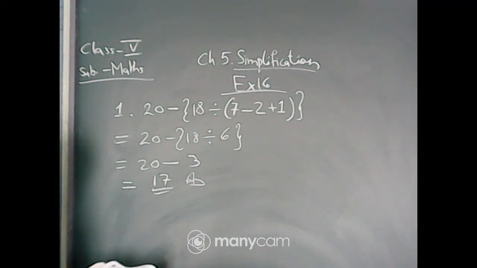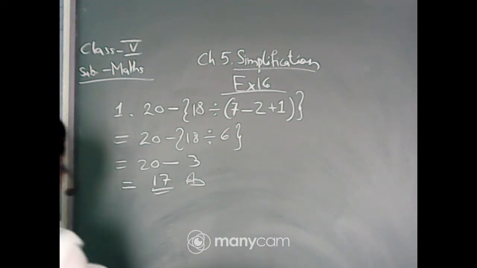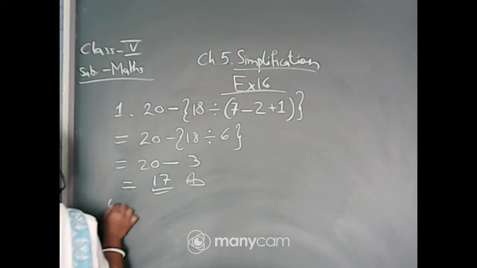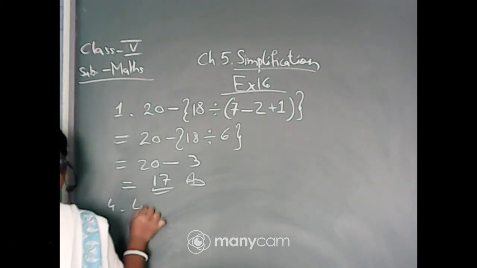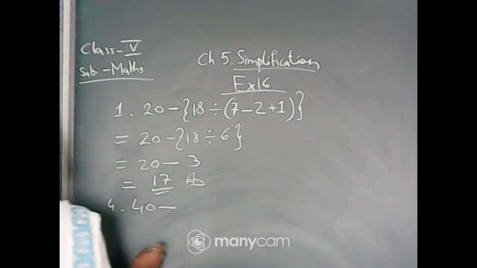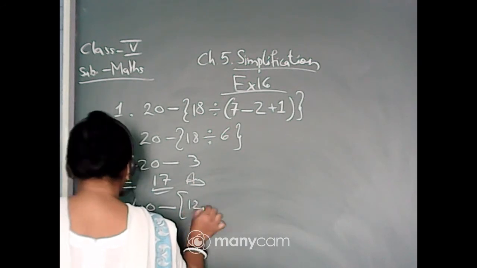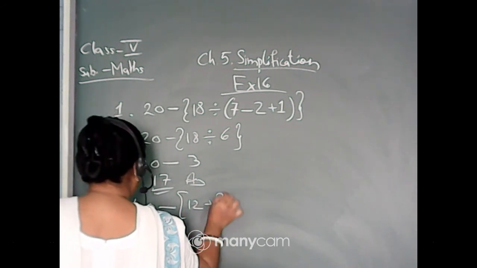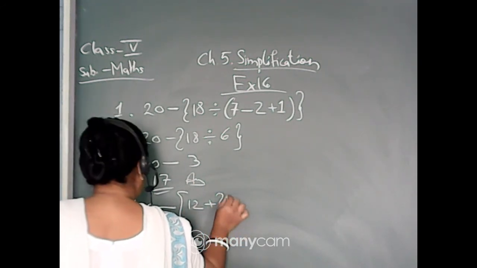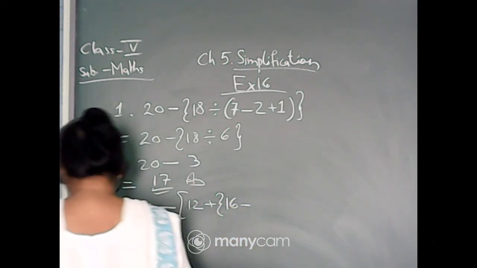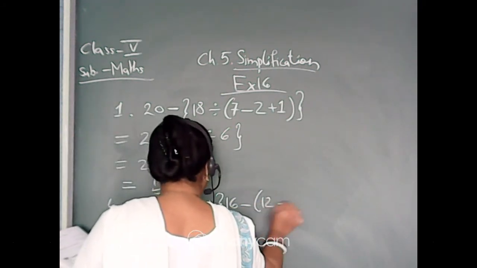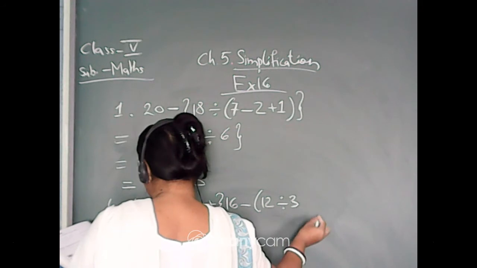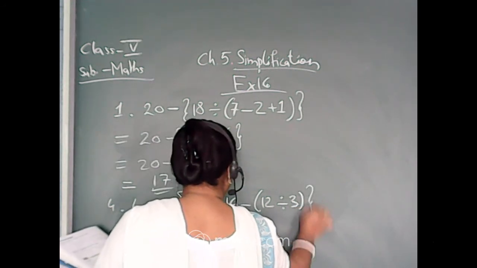Let us do number 4. The fourth one is given 40 minus big bracket 12 plus, the square bracket, inside the curly bracket 16 minus small bracket 12 divided by 3, then all the brackets are closed.